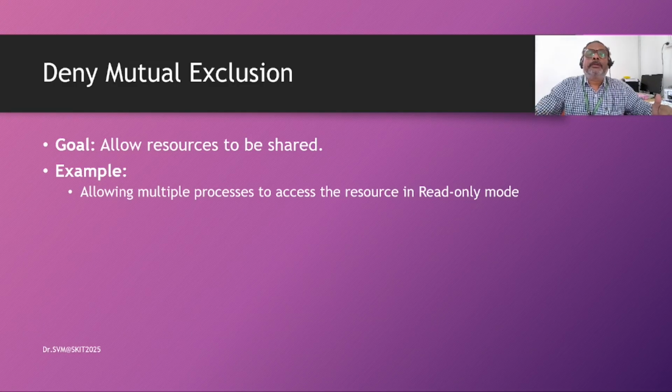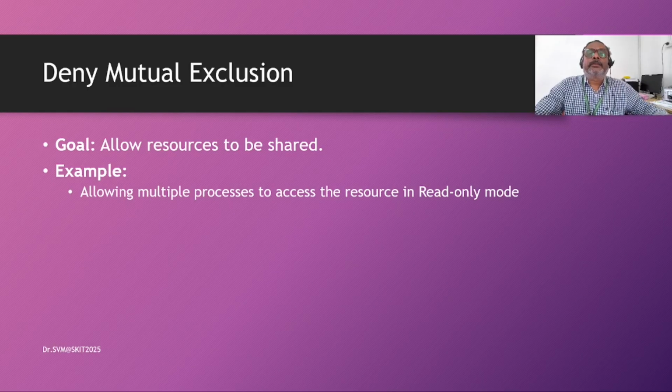If you allow multiple processes to work in read-only mode, it is safe, no issue, because they're only going to read. So a single resource's information can be read by multiple processes simultaneously, and that definitely is not going to create any problem unless you allow some process to write on it.